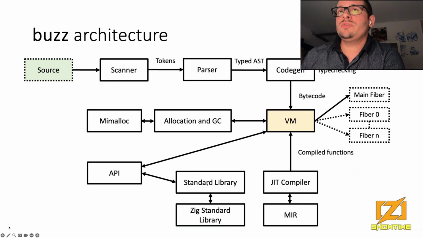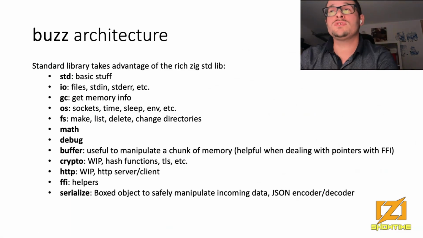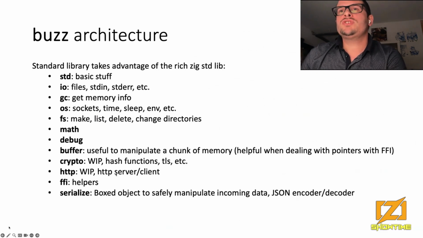The standard library of Buzz is really just taking advantage of the standard library of Zig, which is really rich. You can do whatever you want actually with the Zig stdlib. So it's really just a wrapper around those things, and that's why you can already do a bunch of things with Buzz, because you have standard libraries that can do quite a lot.